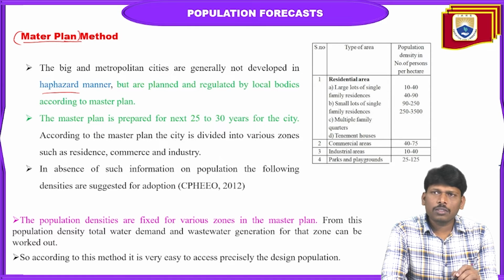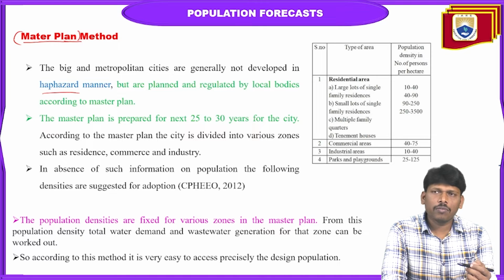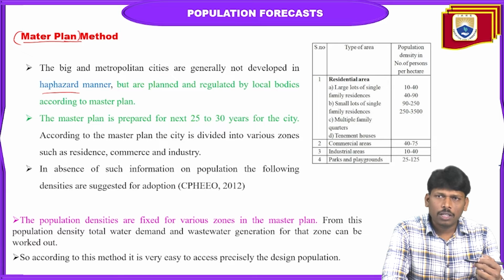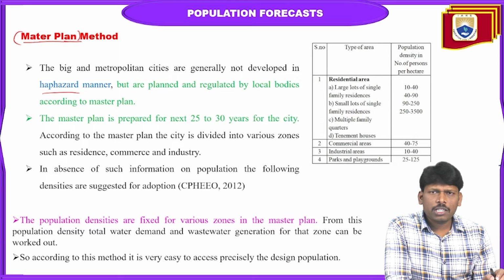Even if the population increases in future, we can accommodate them by predicting the population. We have a choice to look into whether we can accommodate the population in the allotted area. So in a master plan, we usually plan for the next 25 to 30 years.